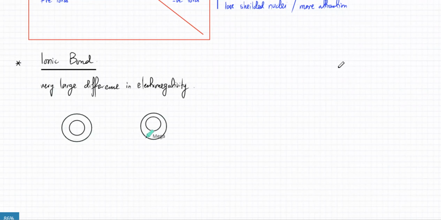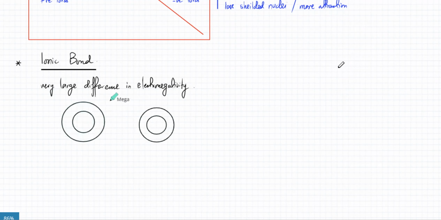This is lithium, this one is fluorine. So lithium has a total of 3 protons. Remember, lithium is in group 1. It's got very less electronegativity. Fluorine has 9 protons, so 9 protons are obviously going to have a very strong attraction for electrons. Lithium just has 3 electrons in total. Fluorine, on the other hand, has 2 plus 7 electrons.